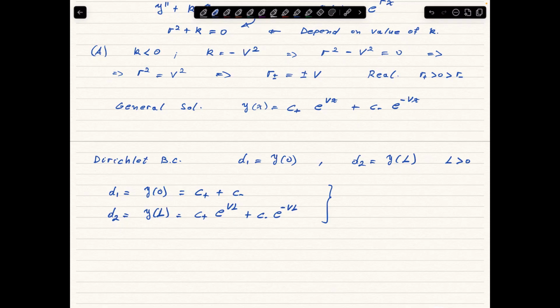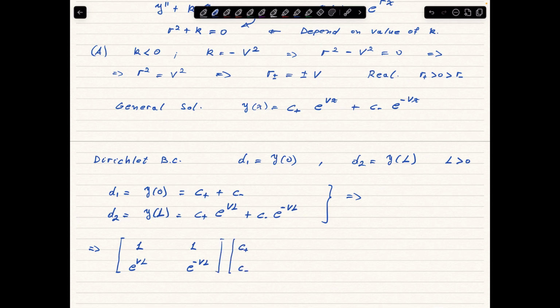We need to solve the following system. We need to solve the system given by 1, 1, exponential vL, exponential minus vL. This is a matrix acting on the coefficients vector c plus, c minus.